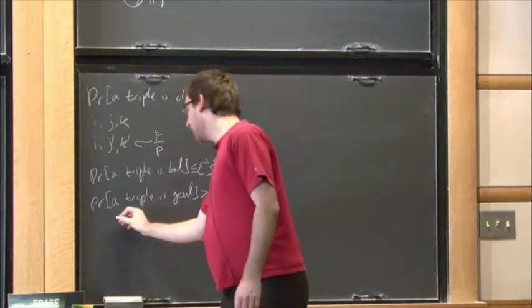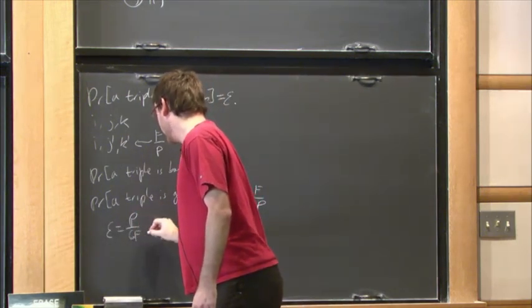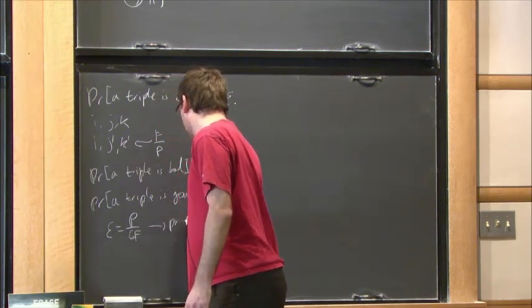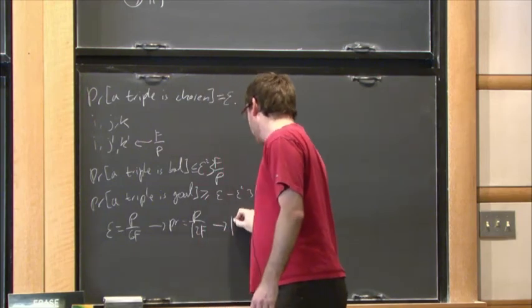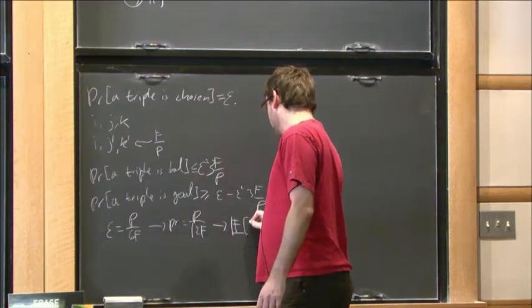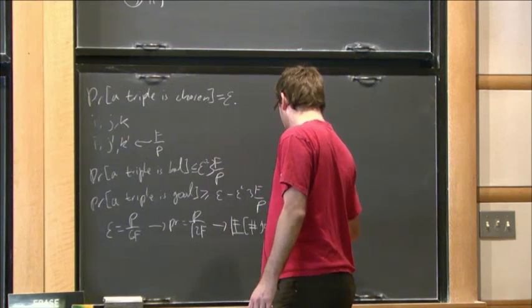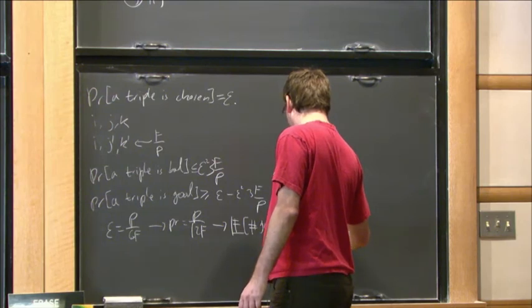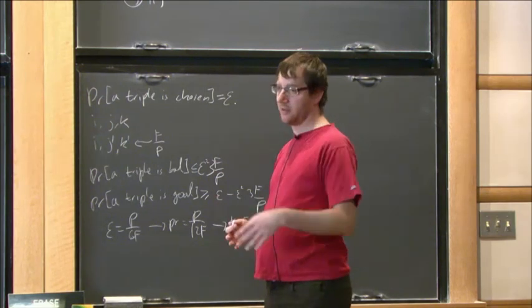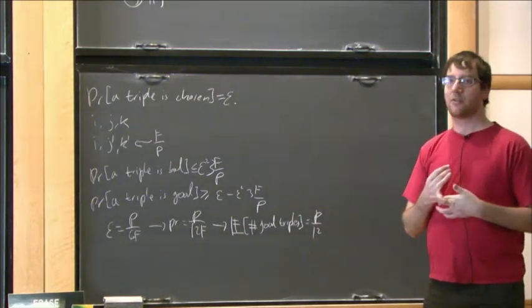You choose epsilon equal to p over 6f, so this probability is equal to p over 12f. So the expected number of good triples is p over 12. And this is exactly this independent set construction. Okay, so far so good.